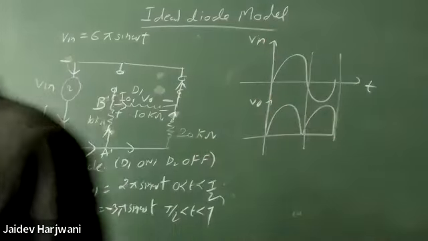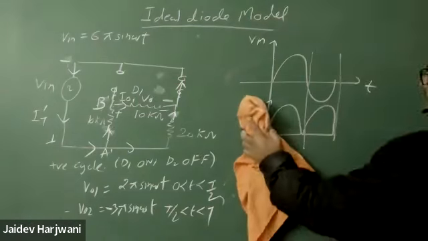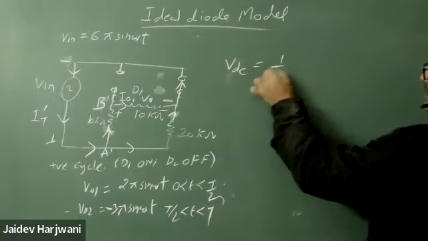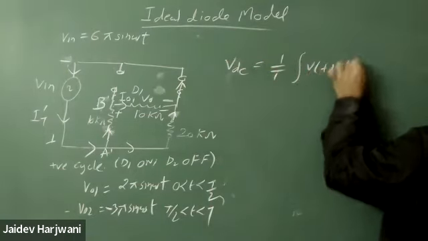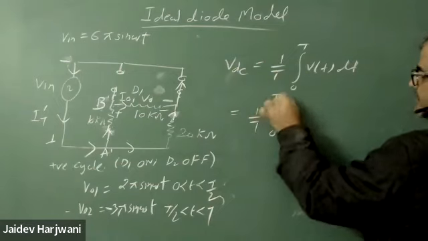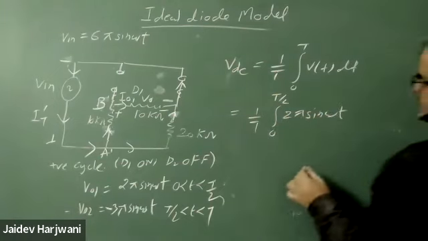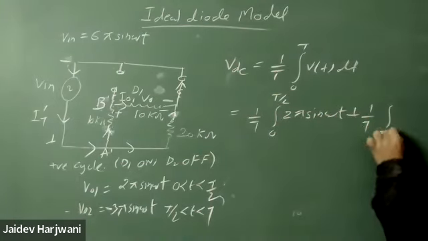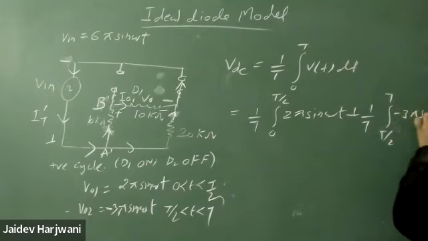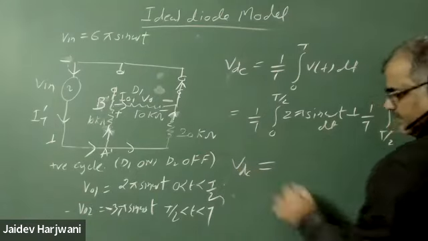V DC is 1 upon T integral of V(t) dt from 0 to T, so 1 by T, 0 to T by 2, the function is 3 pi sine omega t, plus 1 by T, T by 2 to T, the function is minus 3 pi sine omega t dt. Solve it and tell me how much is coming.